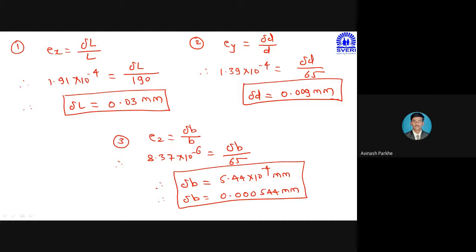Okay. So in this particular type, we have solved the problem related to the volumetric strain calculation for the case 1, 2, 3. Then we have calculated the change in volume, that is delta V, and today we have solved one problem related to the change in dimension calculations, in which we have calculated all the changes in dimensions, that is delta L, delta B, and delta D. So this is about whatever we have discussed related to volumetric stress, volumetric strain, change in volume, and the change in dimension calculation.